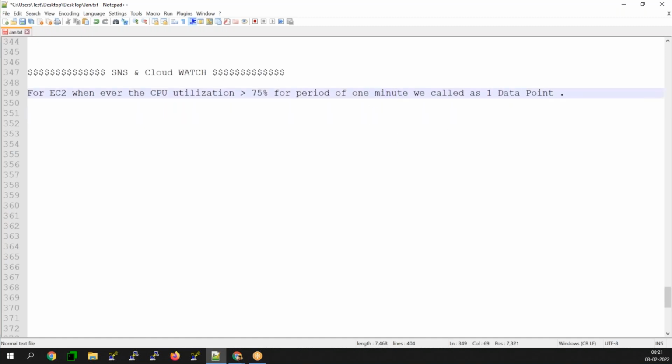Am I clear on this? If I mention 5 data points, what is the meaning of it?